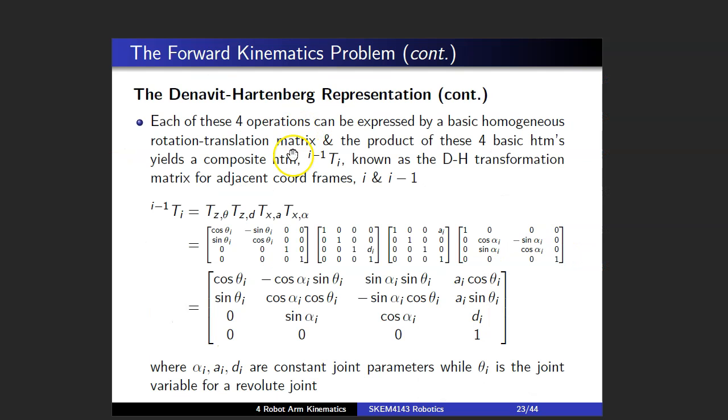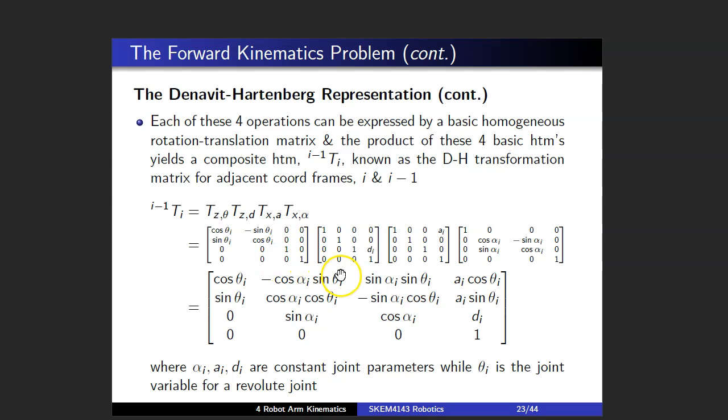Therefore, in order to find the homogeneous transformation matrix representing the pose of coordinate frame i with respect to coordinate frame i minus 1, we can simply multiply a series of homogeneous transformation matrices representing those rotations and translations. The first matrix is rotation about the z-axis.